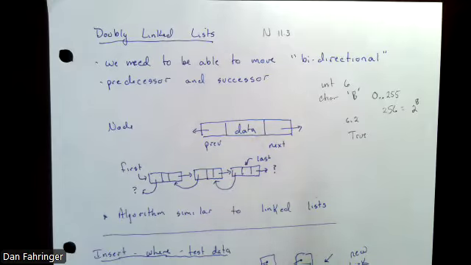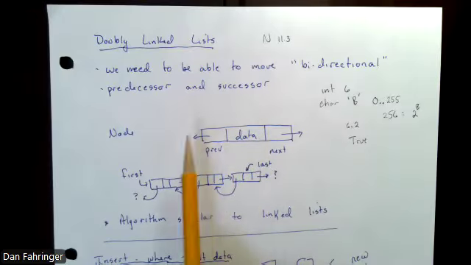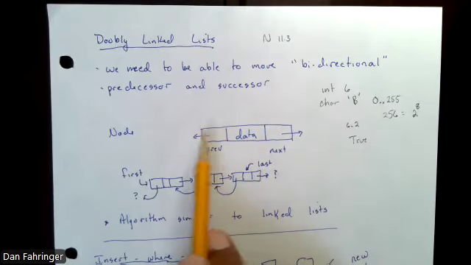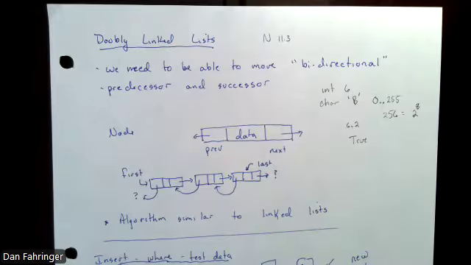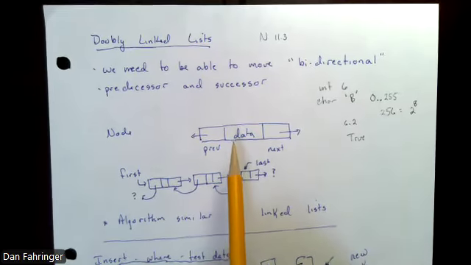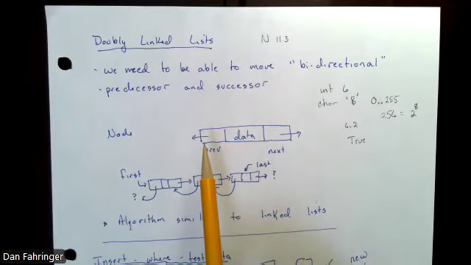Something that has a predecessor. We're looking at these nodes, and we want these nodes to have a predecessor and a successor. If we were writing it horizontally like before, we're now looking at 3 pieces in the definition: a pointer called prev, a pointer called next.